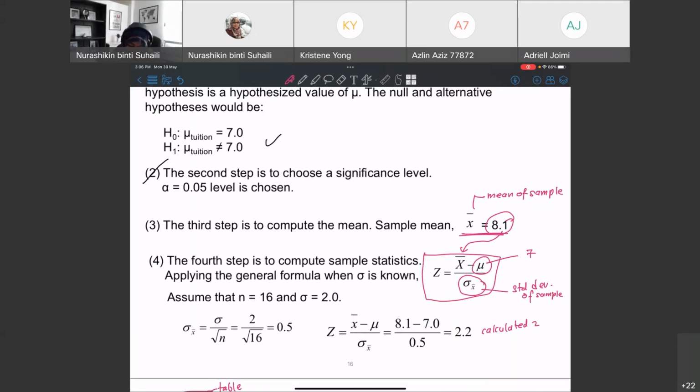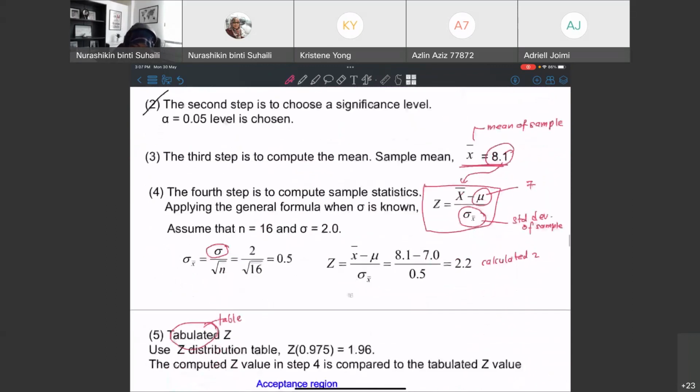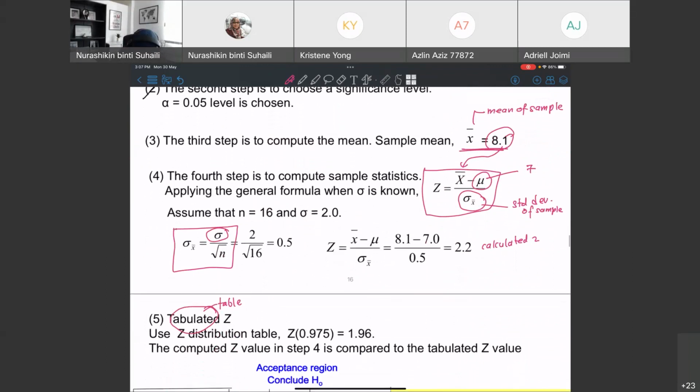So how do we know that? You are given the standard deviation of the population, which is 2, isn't it? So you have to use this formula. The standard deviation of the sample, remember, this one is referring to the sample, is equal to the standard deviation divided by the square root of n. n is the sample size, which is 16 in this case.